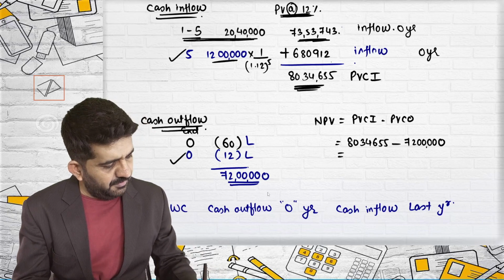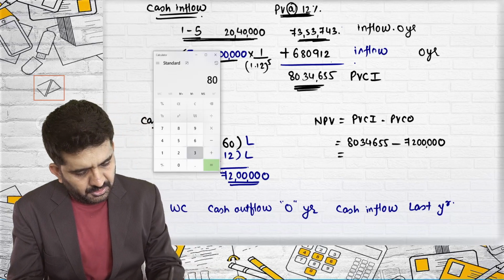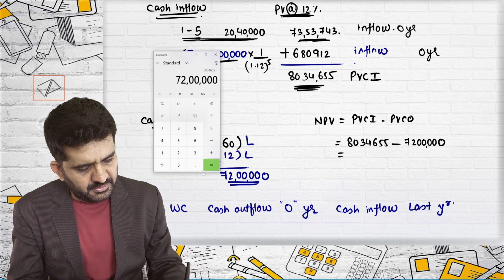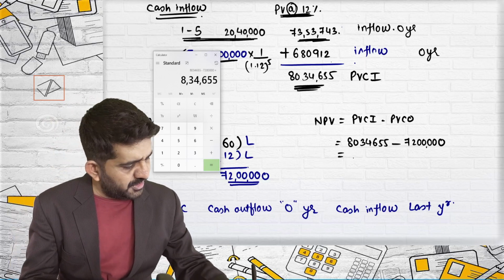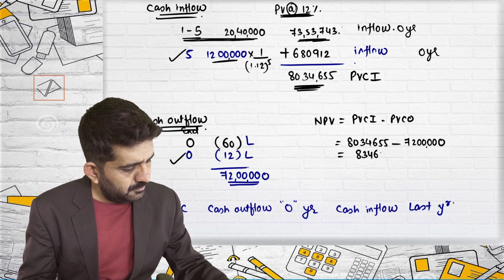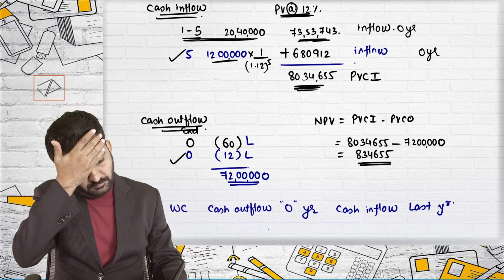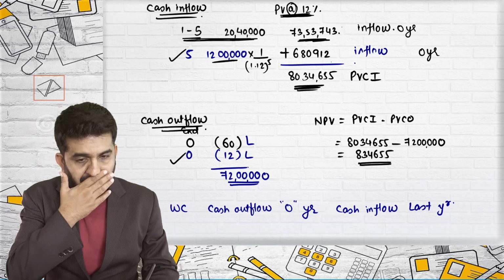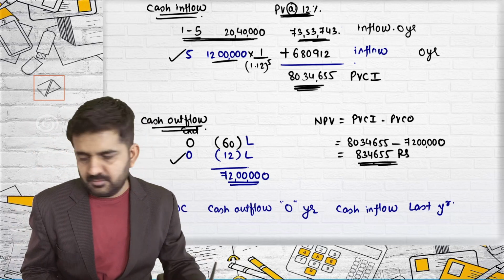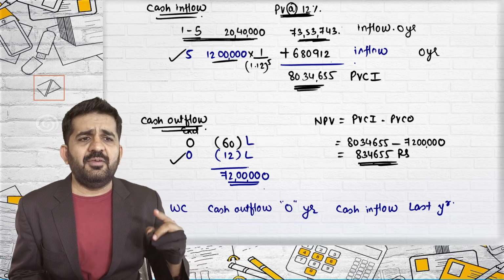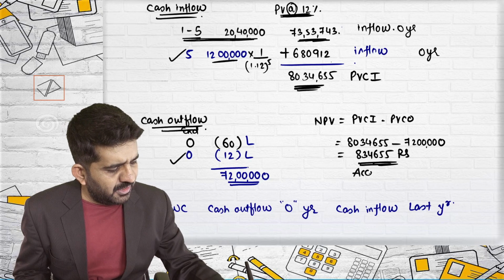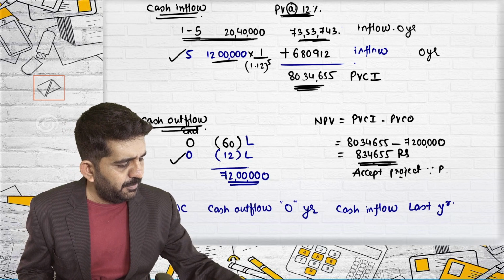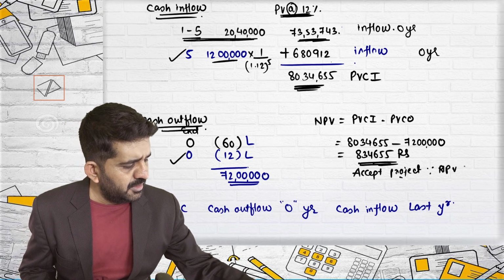My NPV will be 80,34,655 minus 72 lakhs, which is 8,34,655 rupees. They are not asking me whether to accept the project or not. Still, I'll be writing down accept the project because NPV is positive.